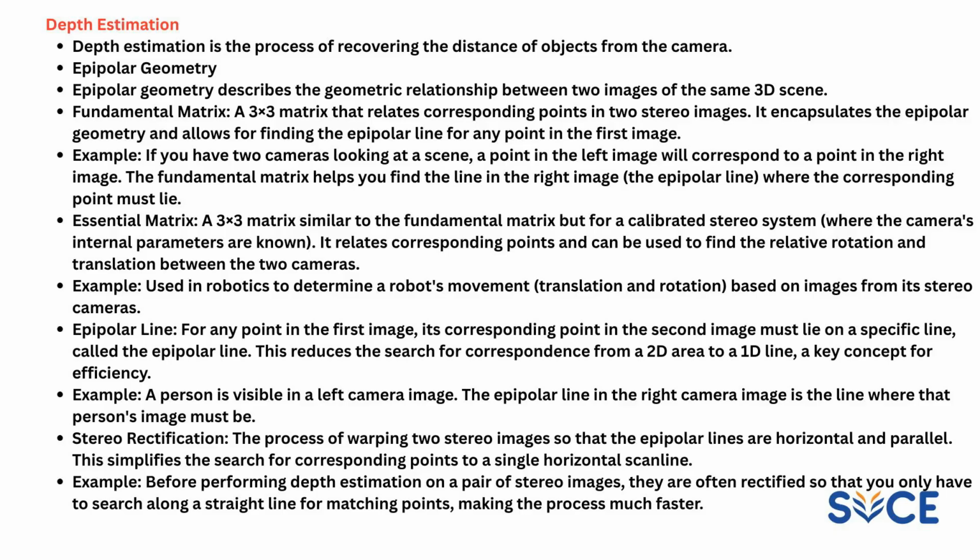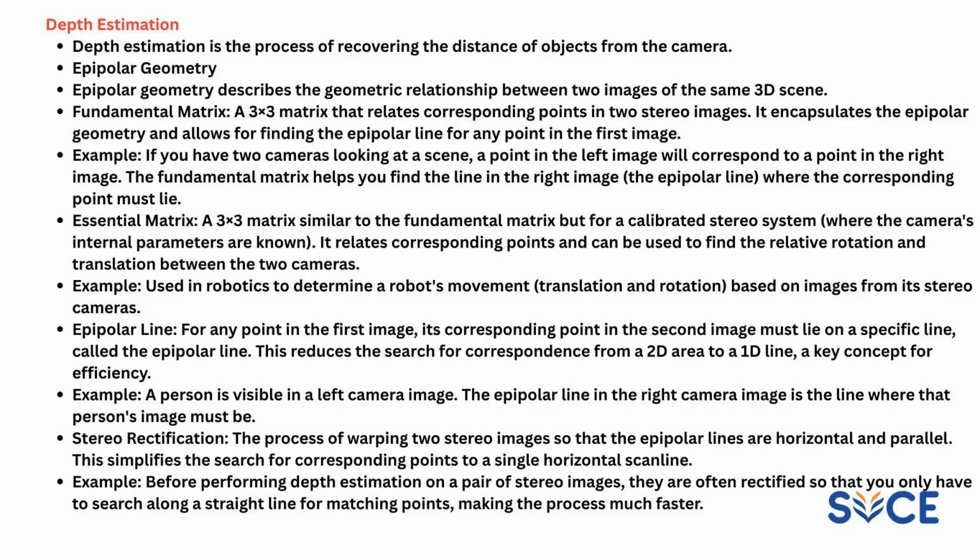Depth estimation is simply the process of figuring out how far an object is from the camera, right? If you only have one photo, this is hard. There is no direct depth information, but with two photos, like stereo cameras, suddenly we can triangulate it.